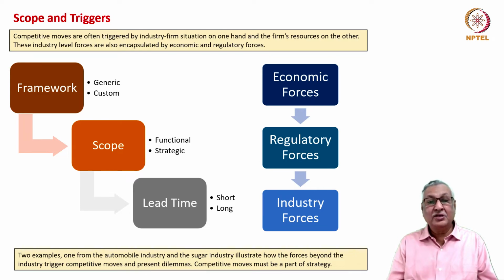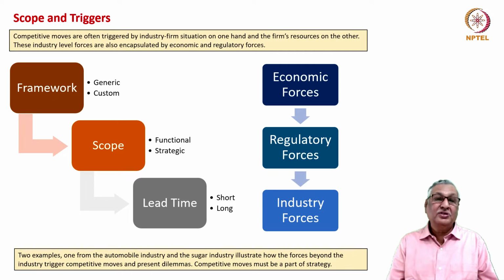So the AGR decisions or the spectrum sale decisions are more relevant for Vodafone Idea, which has financial stringency compared to all the others, even though it is a generic move by the government. The second aspect is that the moves could be scope-wise, functional or strategic. And the third is that the moves could be of short lead time or long lead time.